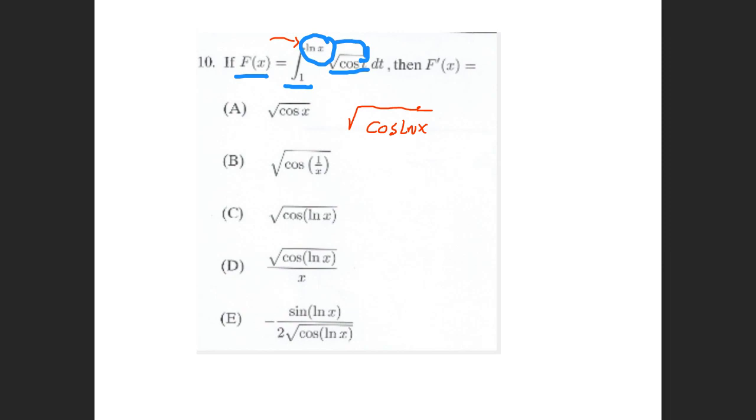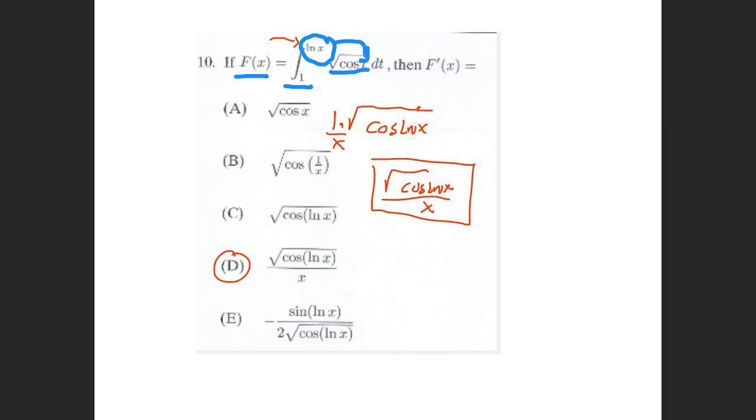Well, the derivative of natural log of x is 1 over x. So I would have to multiply that on there. So my answer would just be cosine natural log of x over x. Letter D.